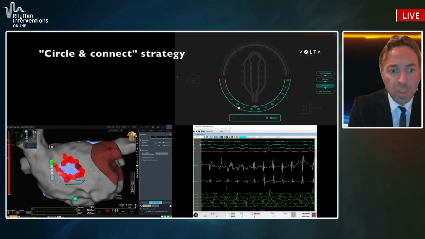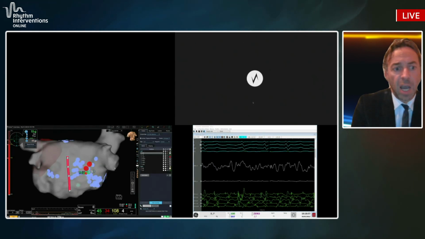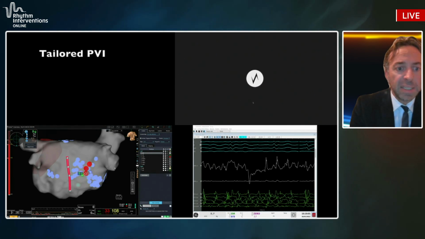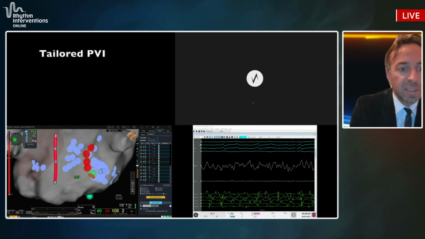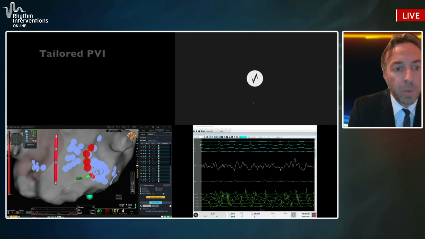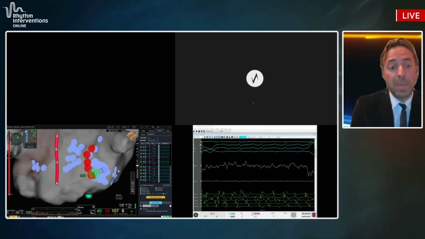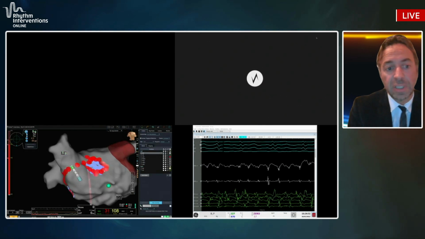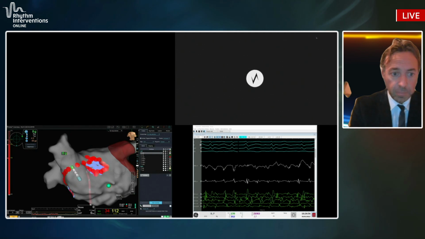Okay, we are using 50 watts, so high power, short duration. Here we are ablating these regions, and we will use this ablation to perform what we call a tailored PVI, meaning that we include these driver regions in our PVI circle.